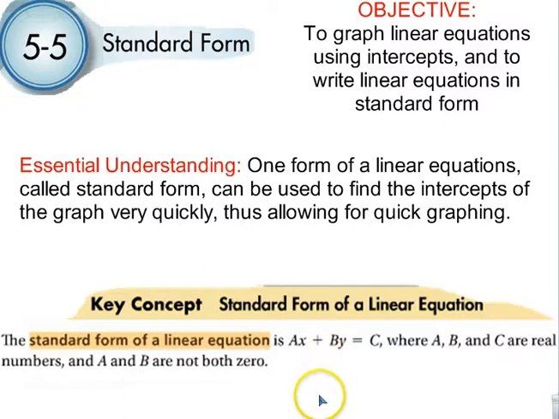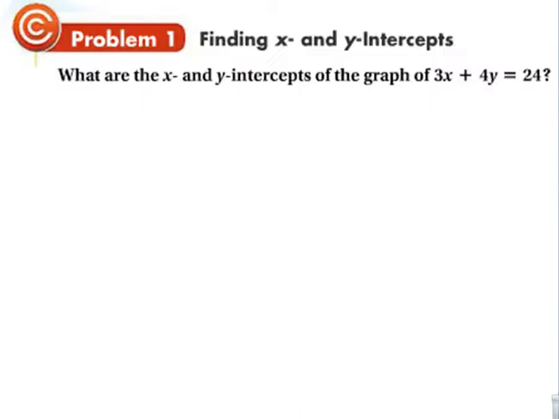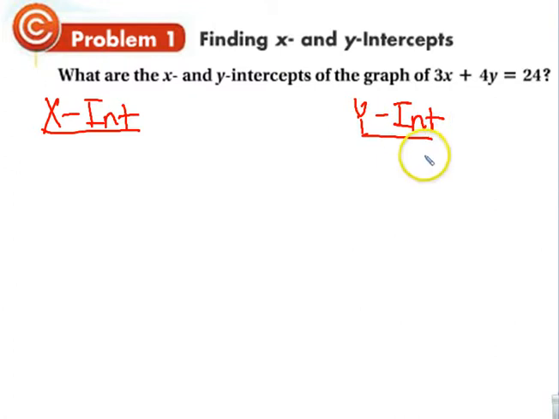Okay, so let's start by looking at the concept of intercepts. We are looking for the x-intercept and the y-intercept. Remember, the word intercept means where the line crosses the x-axis or where it crosses the y-axis.